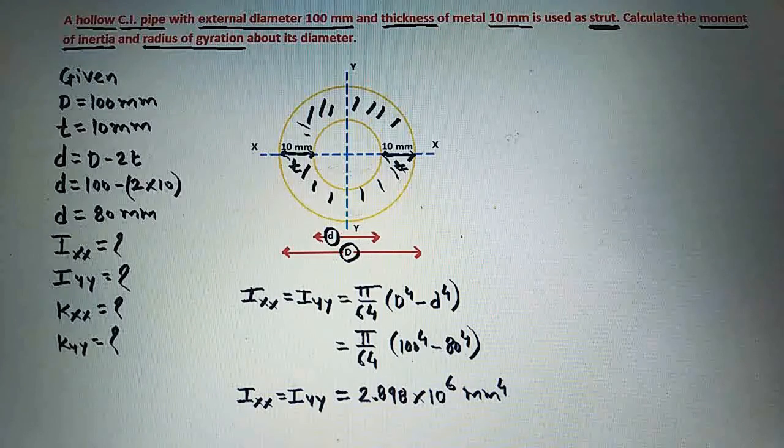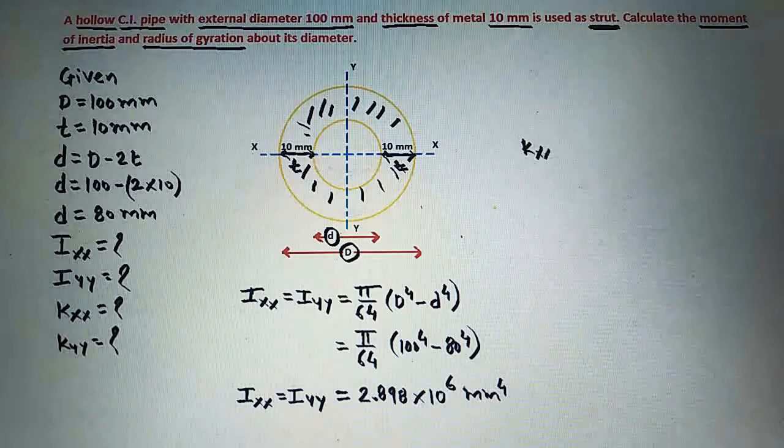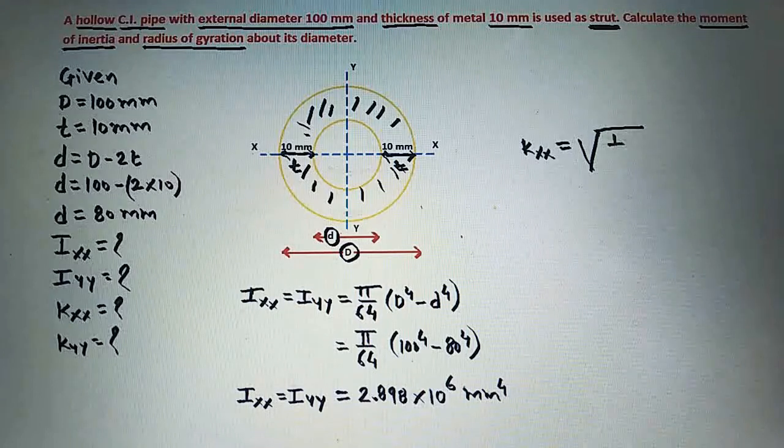Next we will calculate the radius of gyration. So see here, the radius of gyration along x-axis, that should be equal to kxx, and that is equal to the square root of Ixx divided by A. So we have the value of moment of inertia along x-axis, that is Ixx, but we have to find out this area.